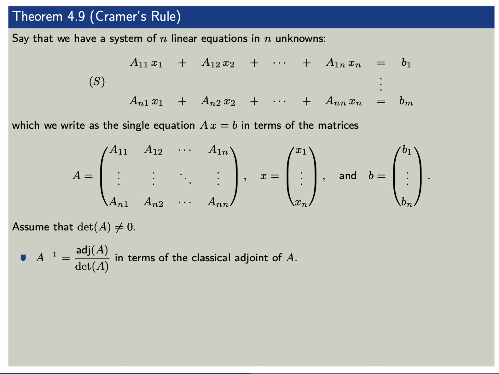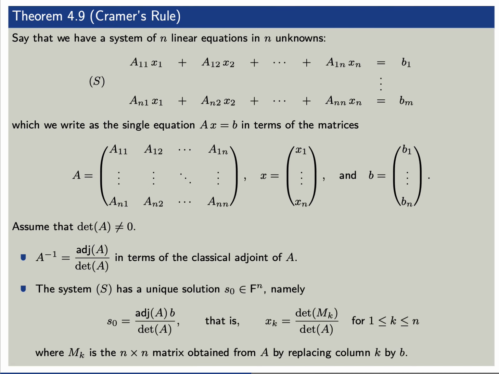Then we know that A is invertible, and in fact, the inverse of A is the classical adjoint divided by the determinant of A. Remember that the classical adjoint is the transpose of the cofactor matrix. Our system then has a unique solution given by the inverse of A times the vector on the right-hand side, the vector b.